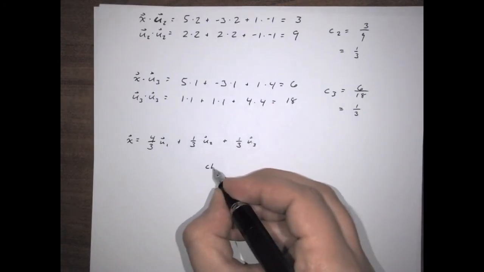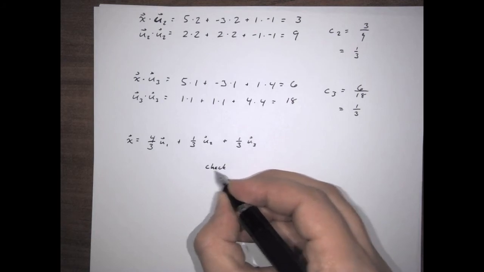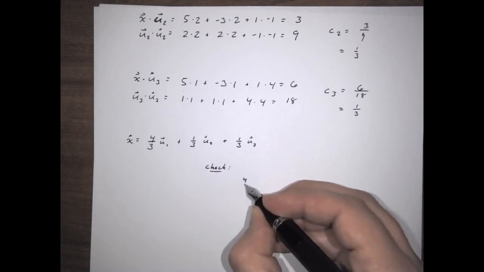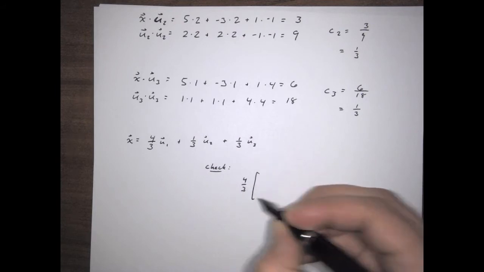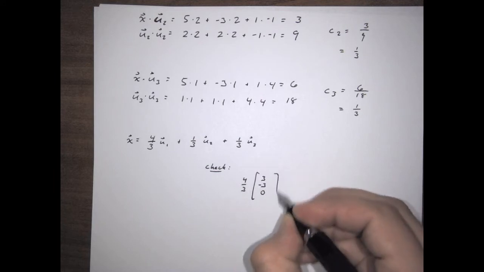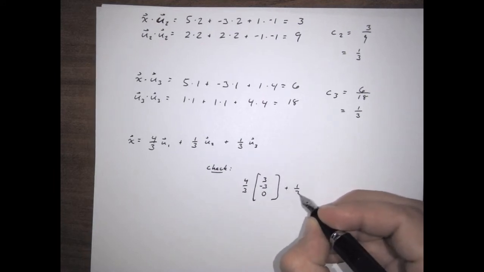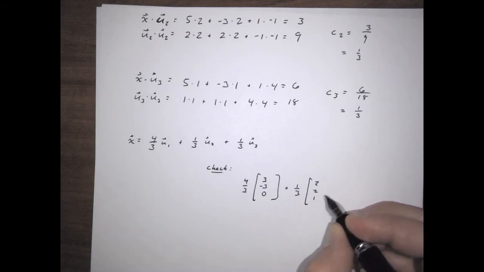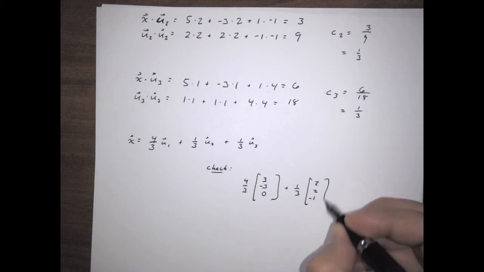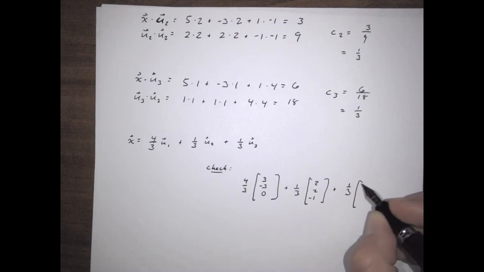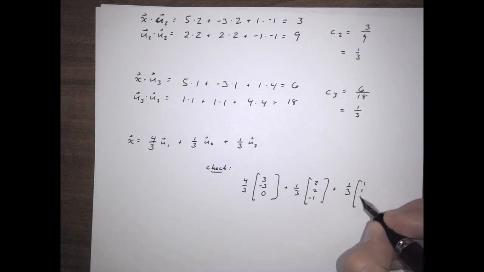And we can check this because we know what all this means and we know how it should end up playing out. This means that if I did 4/3 times the vector 3, negative 3, 0, plus 1/3 times the vector 2, 2, negative 1, plus 1/3 times the vector 1, 1, 4.